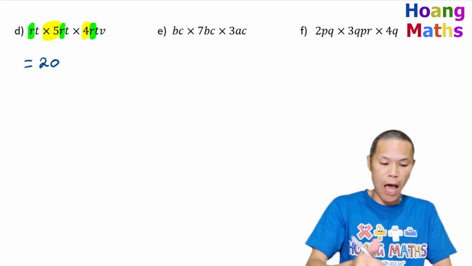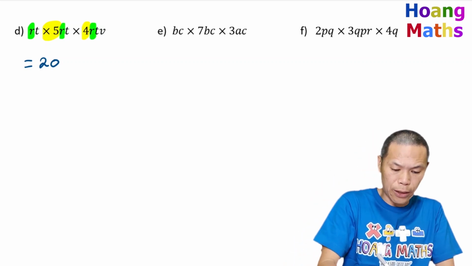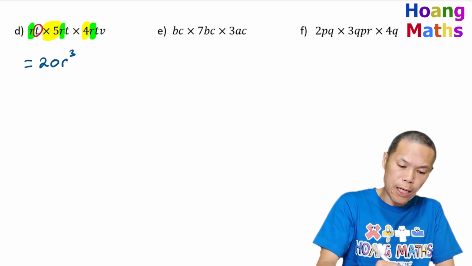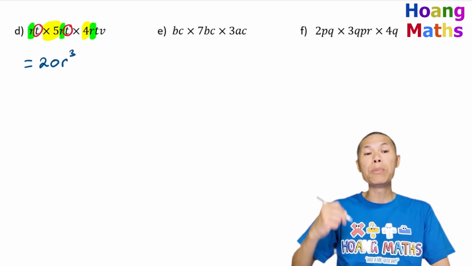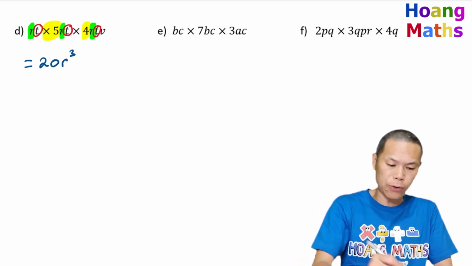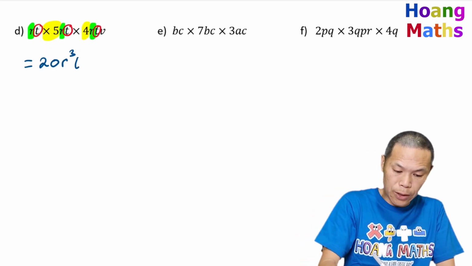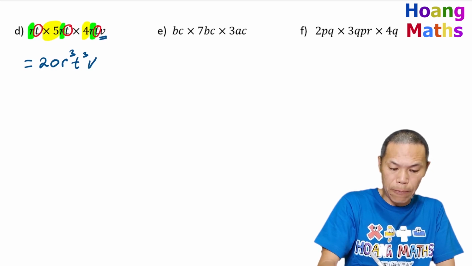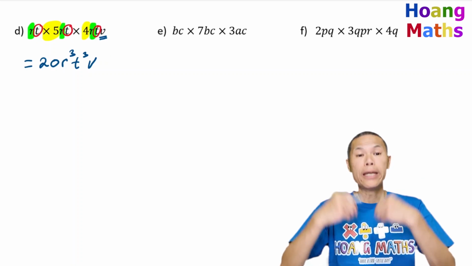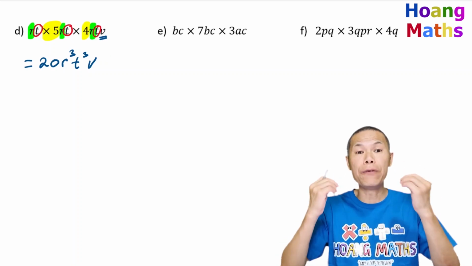And times another R becomes R to the power of 3. And then we have T times T, which gives me T squared. And we times this T, which gives me T to the power of 3. And for this V here, we just write this down. So 20 R to the power of 3, T to the power of 3, and V.